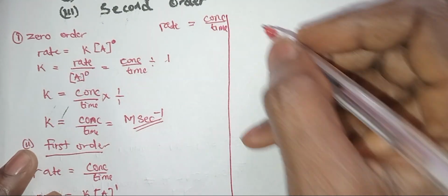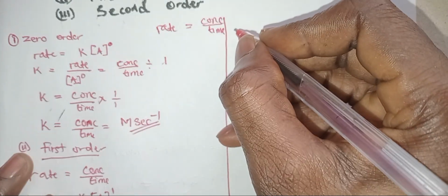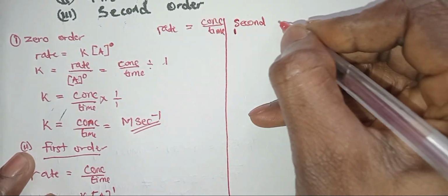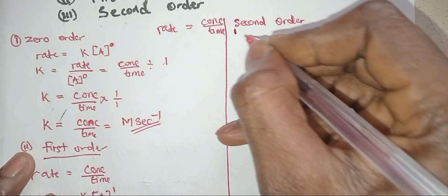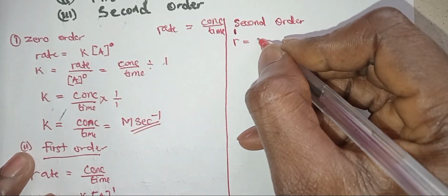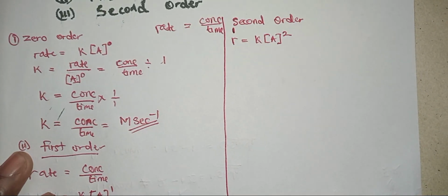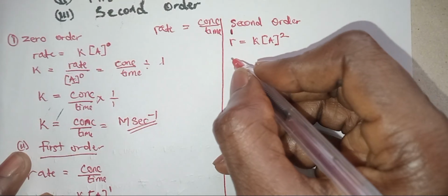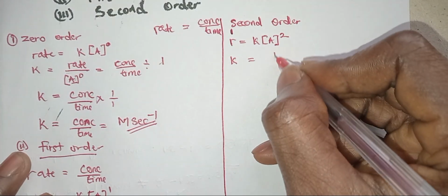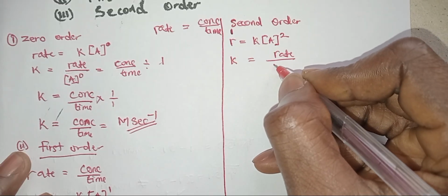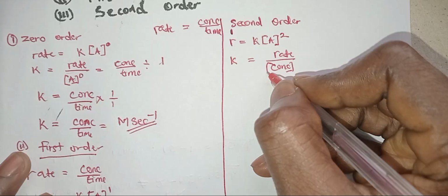So let's prove for the second order of reaction. For the second order of reaction, the rate will be equal to K multiplied by the concentration. So we're going to put 2 here for the second order of reaction. So by making K the subject of the formula, it is rate upon concentration squared. So we are going to have the concentration squared down.